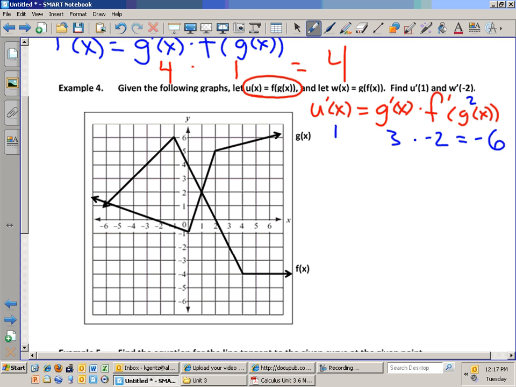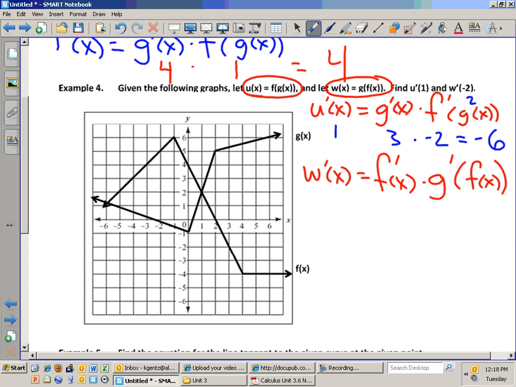You try the next one on your own. Now you're going to do g of f of x. So w prime of x is going to be the derivative of the inside, which is f prime of x, times g prime of f of x. w of x is the composition of those two.